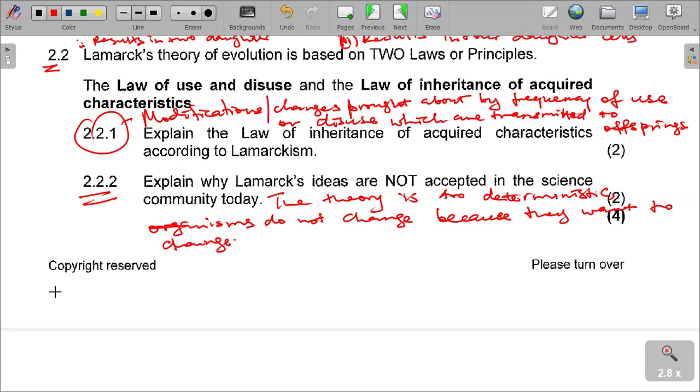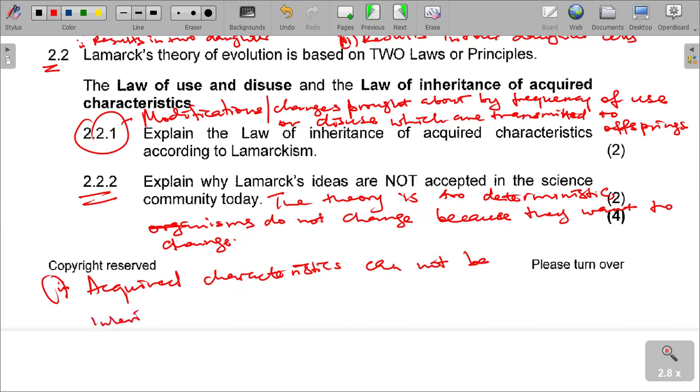Number two, acquired characteristics cannot be inherited. But according to Lamarck's theory, he said they can be inherited.